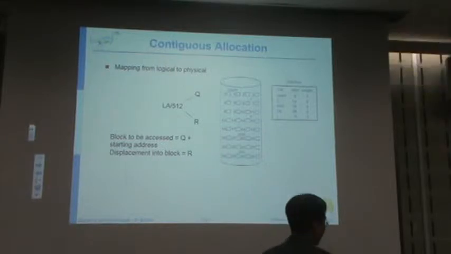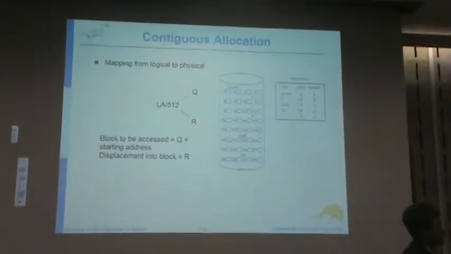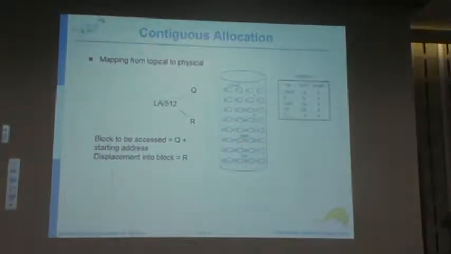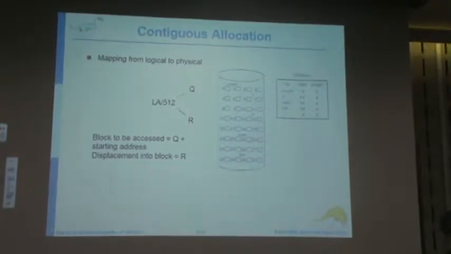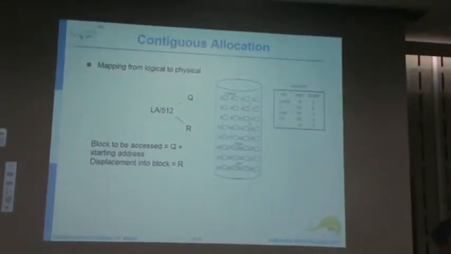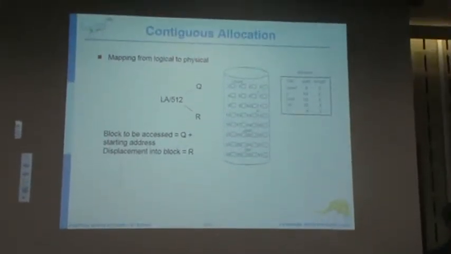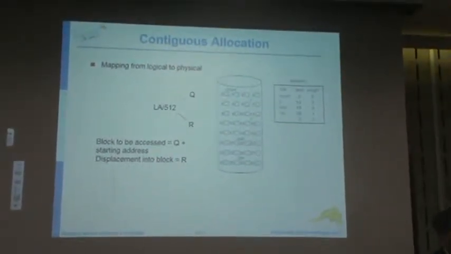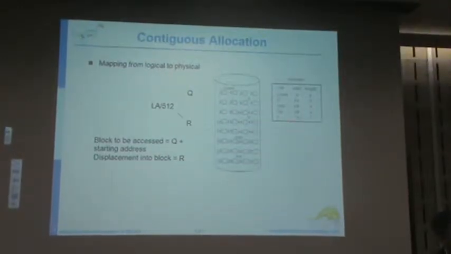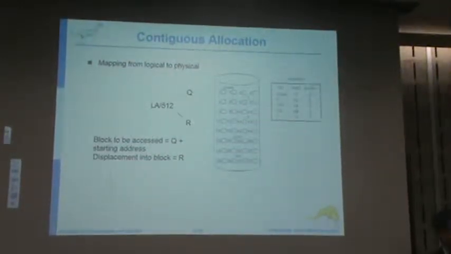Basically, most contemporary operating systems, including some application programs such as database systems, use a block-based approach to store data, because we use the block as the basic unit of I/O.